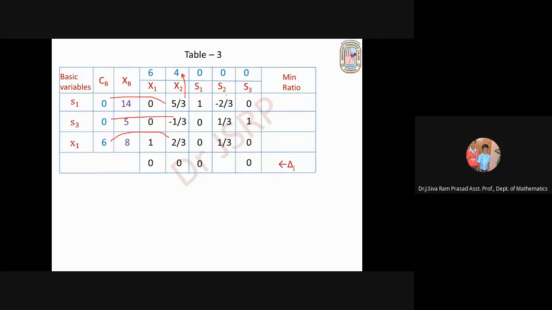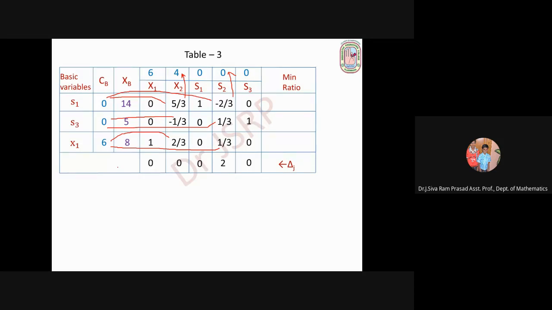Similarly, delta value for S2: 0 into minus 2 by 3 plus 0 into 1 by 3, 0, plus 6 into 1 by 3. That is 2 minus 0. Okay, that is 2. So this is the delta J value for S2.